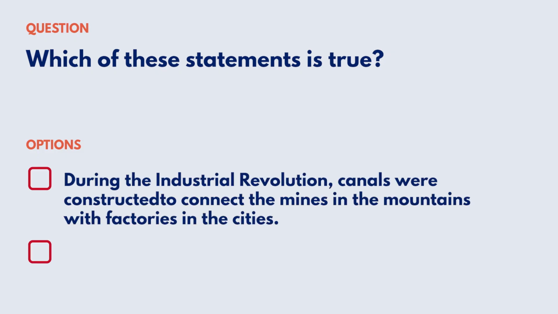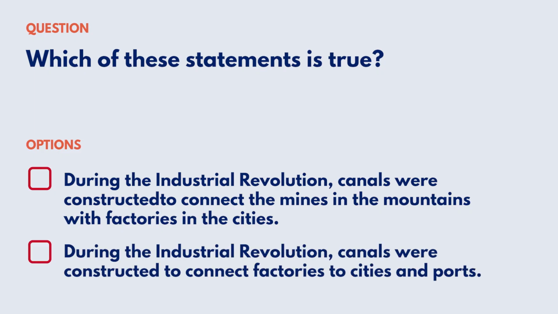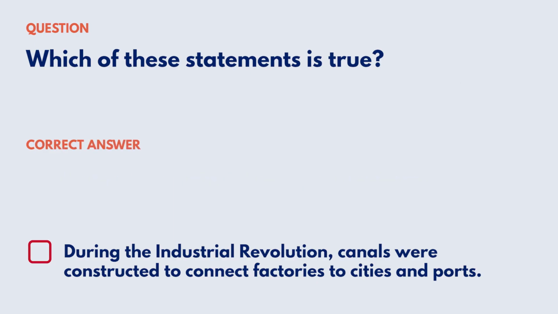During the Industrial Revolution, canals were constructed to connect the mines in the mountains with factories in the cities. During the Industrial Revolution, canals were constructed to connect factories to cities and ports. Correct answer. During the Industrial Revolution, canals were constructed to connect factories to cities and ports.